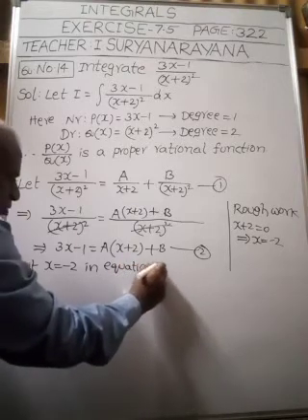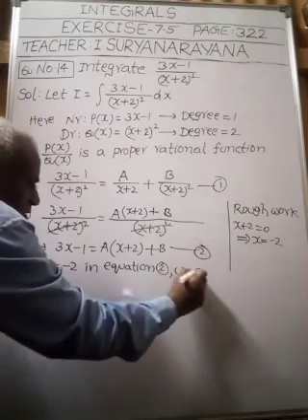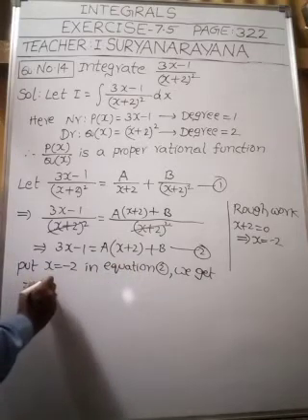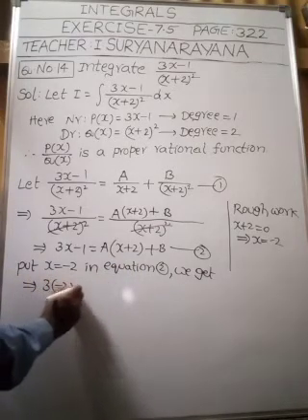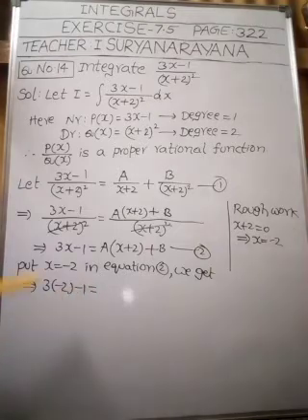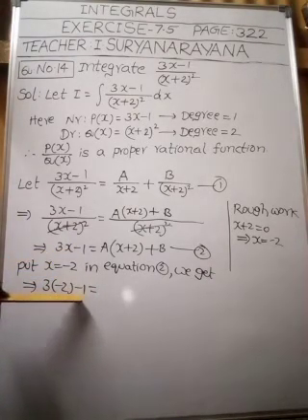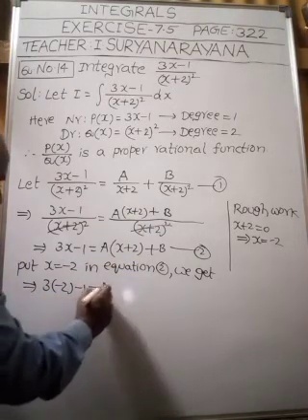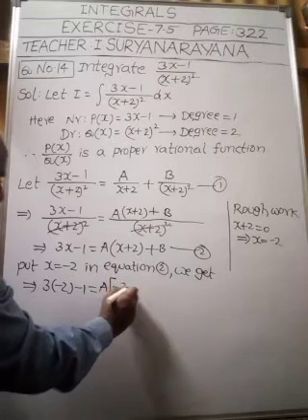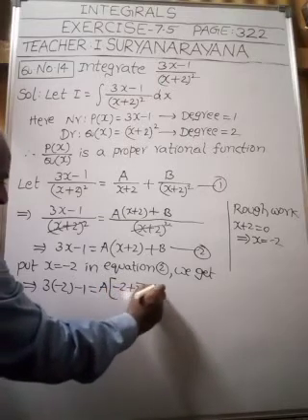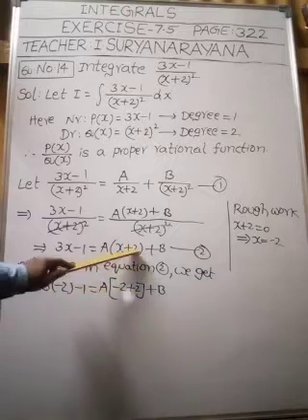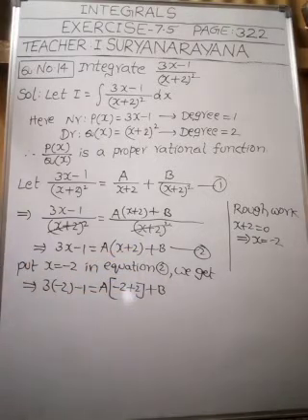In equation 2, we get 3 into minus 2 minus 1. In the LHS, I substituted x equal to minus 2. Then we get the LHS. Understood this LHS, my children? Right, come to the RHS. A into (minus 2 plus 2) plus b. Here x is there, so I wrote minus 2, and we write the remaining terms as they are.